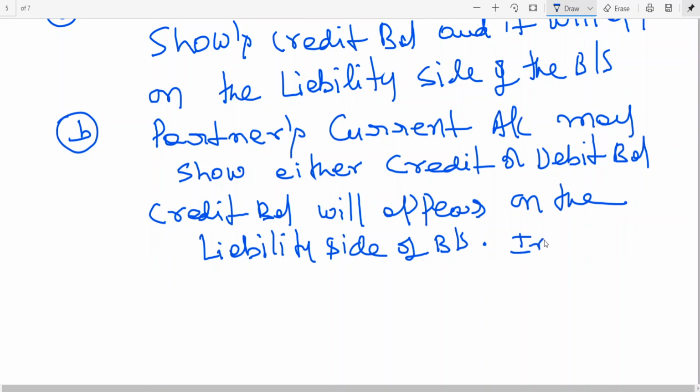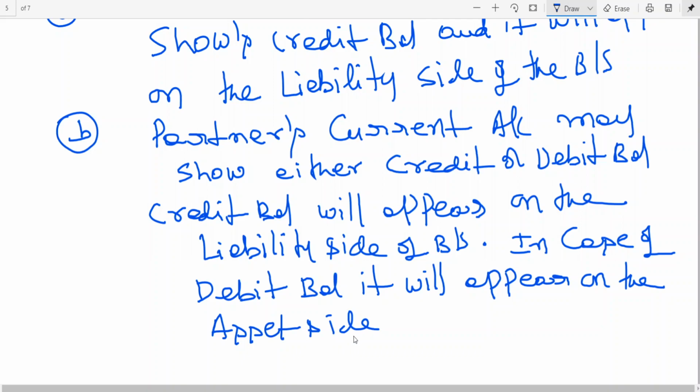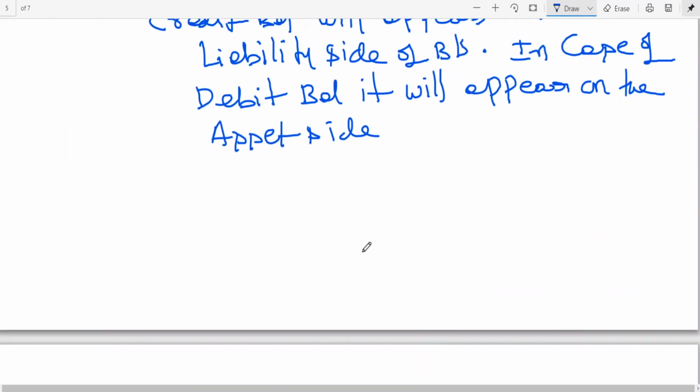In case of debit balance, it is amount due from partners. Debit balance will appear on the asset side. Tell me once again, partner's current account may show either credit or debit. Credit balance will appear on the liability side of balance sheet. In case of debit balance, it will appear on the asset side.